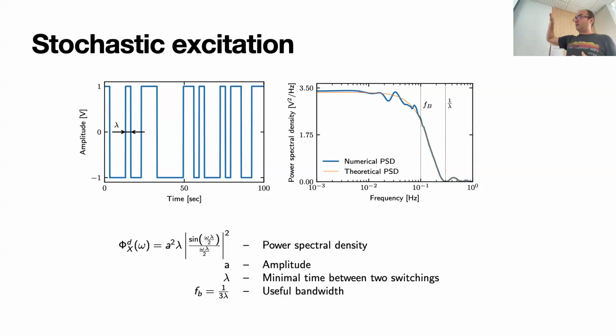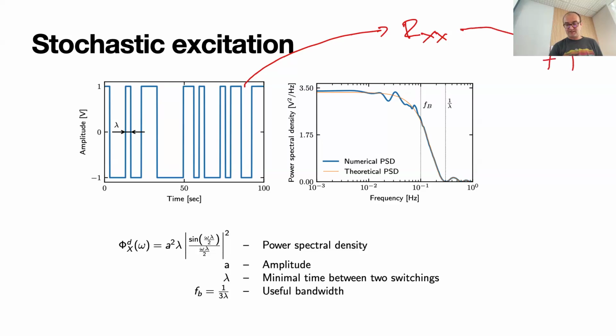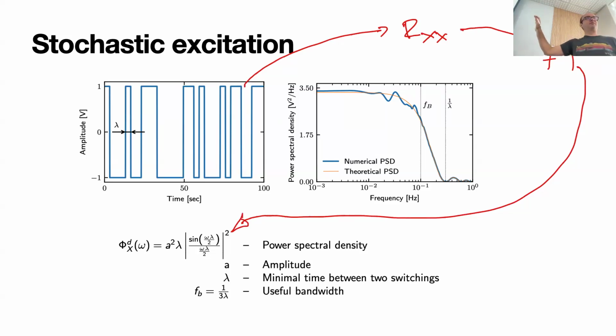There is a proper derivation for this signal. We can calculate its autocorrelation function. And if we take a Fourier transform of this, we can get its power spectral density. I'm not going to give you this derivation. You can find it. In the references, there is a book dedicated to this signal. But what you can do is, when you generate this blue signal, you can actually calculate the blue line here, which is a numerical power spectral density.